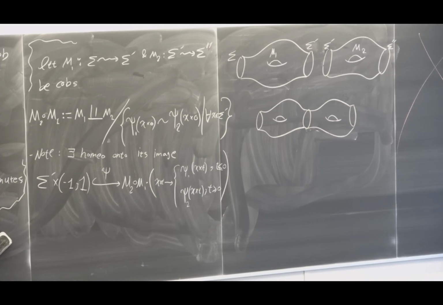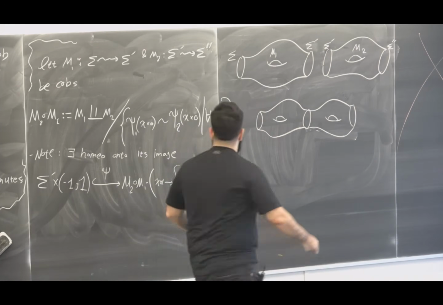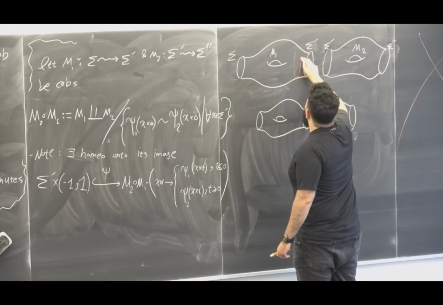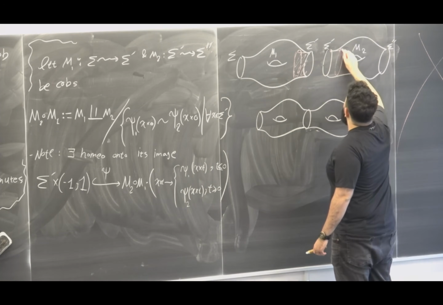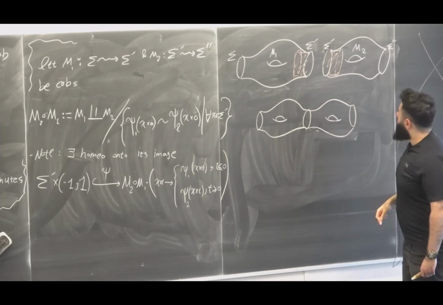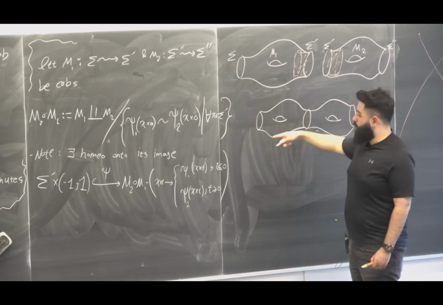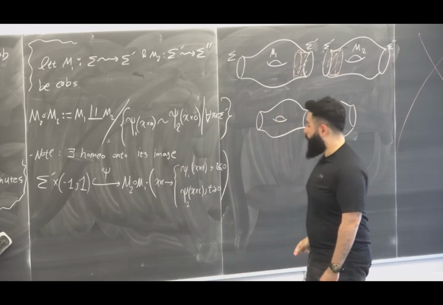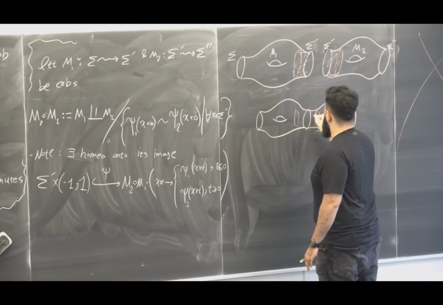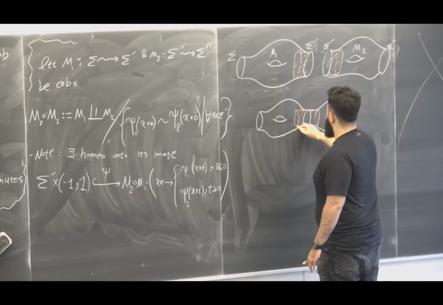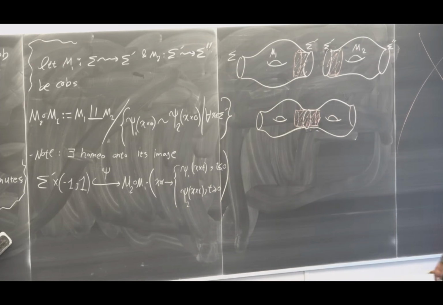So let me draw those with the red. That in this picture becomes the sigma prime cross the open interval from -1 to 1. So this becomes that in that picture. Right.